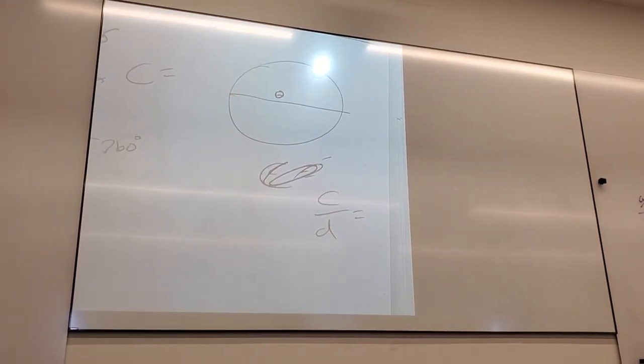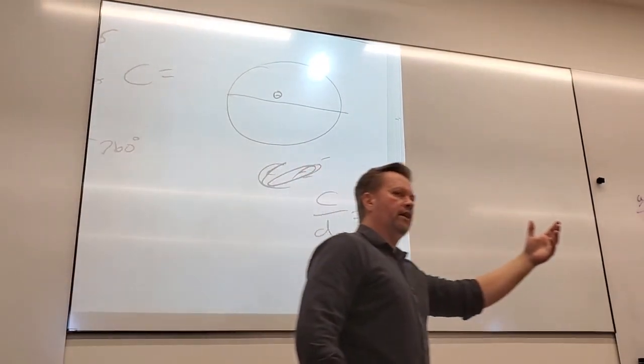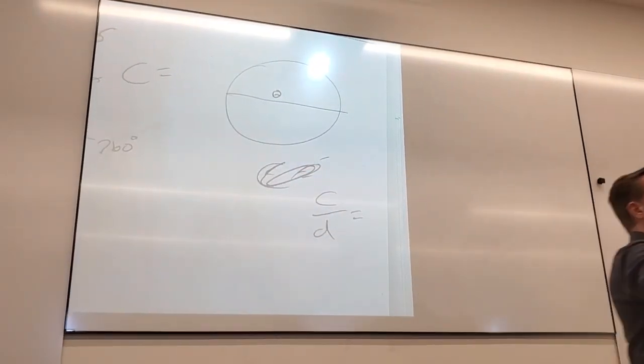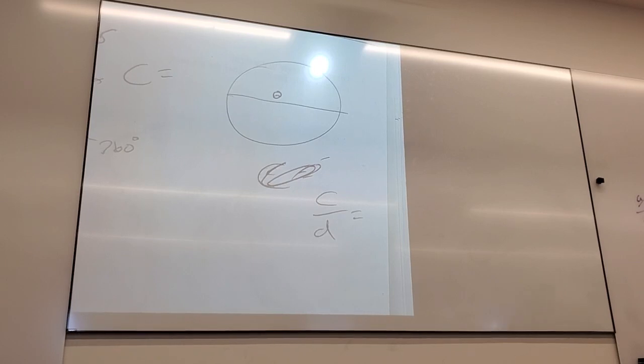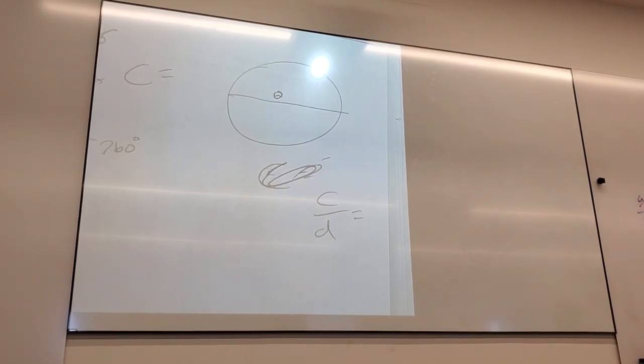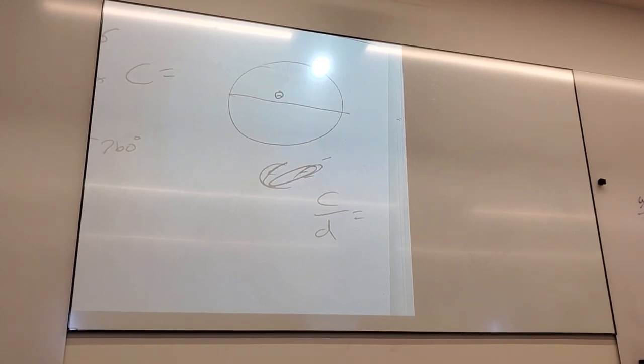So the Egyptians actually estimated it to be 22 divided by 7. So what is 22 divided by 7? 3.14, blah, blah, blah. Anybody? 3.1415. No. I don't think that's that good. What's 22 divided by 7?